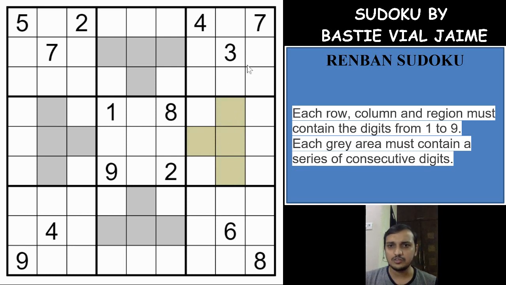Not both, but without using either 3 or 6, without using both of these numbers, is it possible to have 4 digits consecutively in the region? You cannot have 1, 2. If you are not using 3, you cannot have 1, 2, 3, 4. Neither can you have 4, 5. If you are not using 6, 4, 5, 6, 7 is also not possible. And after the 6, 7, 8, 9, only 3 numbers are possible, right?